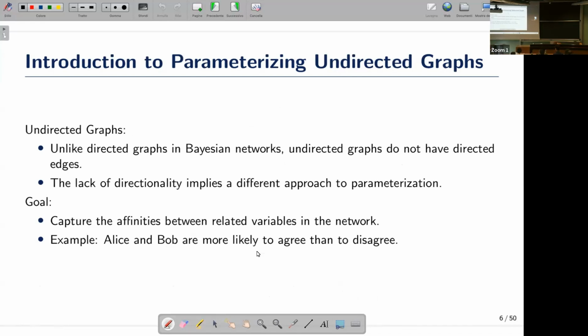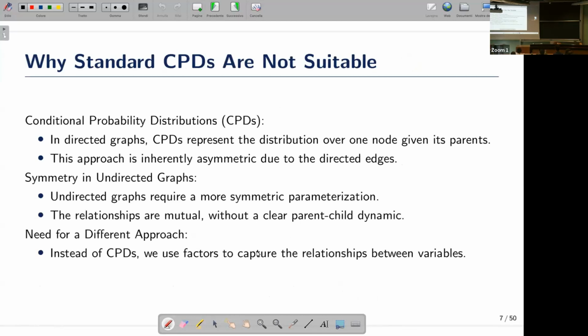Okay, so this is just a summary of what we have just said. And the other difference between Bayesian networks and undirected graphical models is about the conditional probability tables. Why?